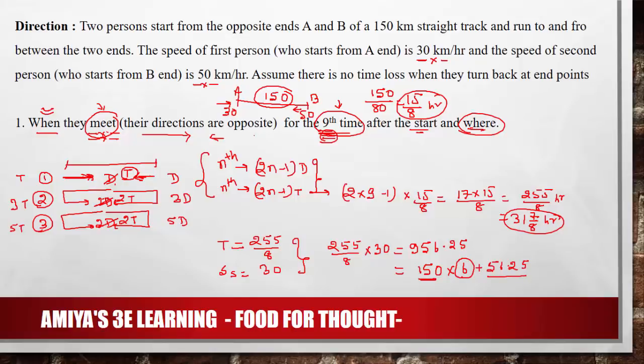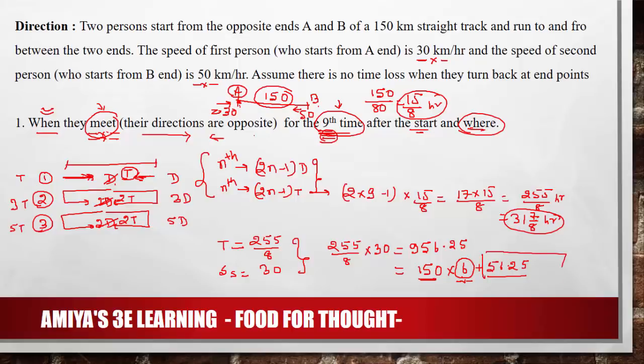What do we mean by even value? We start from point A, because we are working on the slower one, which starts from point A. The first round ends at B, the second round at A, the third at B, the fourth at A. Even rounds completion is at the starting point only. So the sixth round would be at A only, and 56.25 extra.